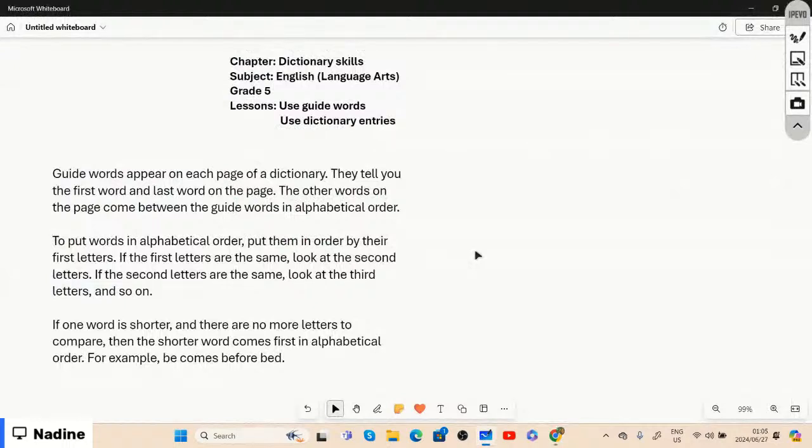And the lessons that we are going to be focusing on under the chapter of dictionary skills are to use guide words, and also to use dictionary entries.